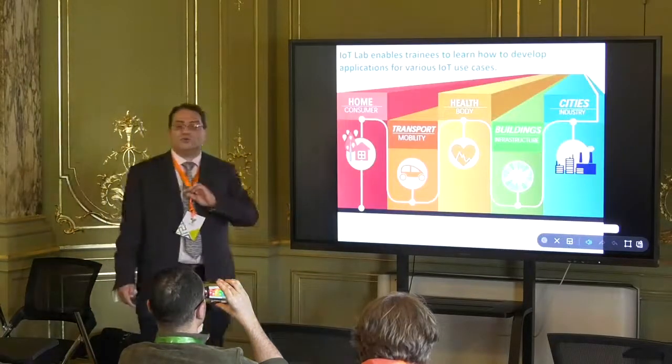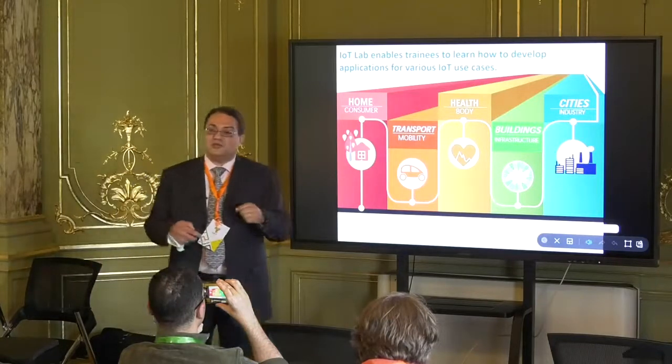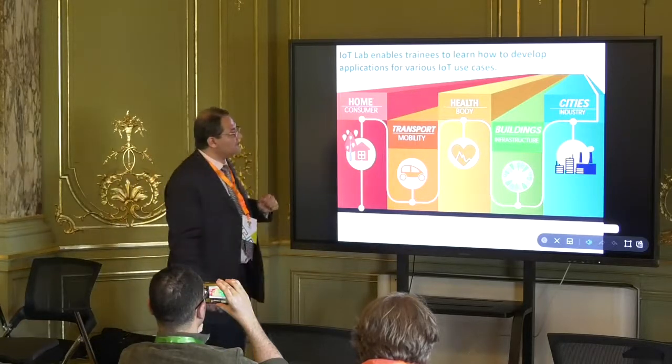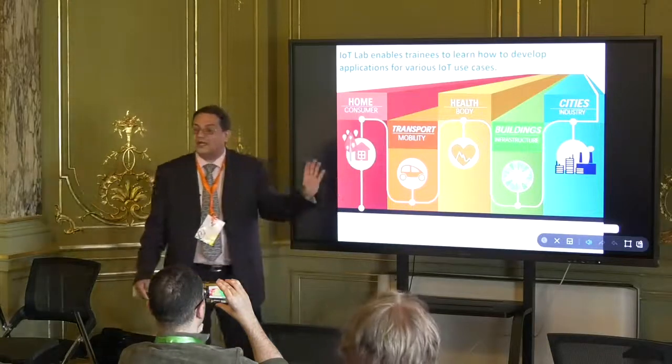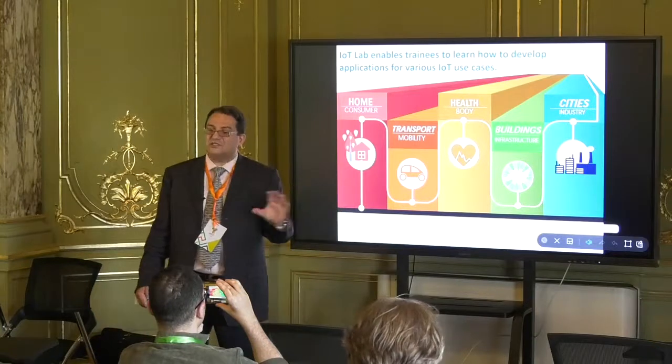Now let's move to the focus of the session, which is the IoT labs. Usually IoT solutions are serving 5 main categories. One category is the home consumer area. That's a very wide area with lots of devices.